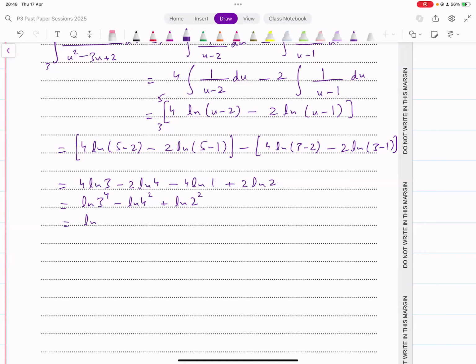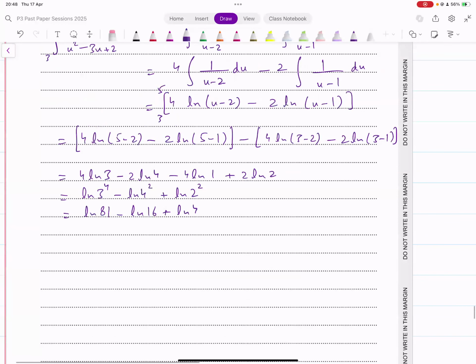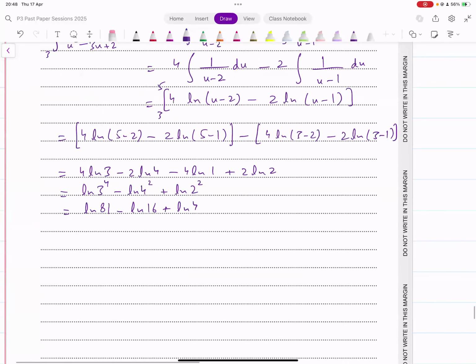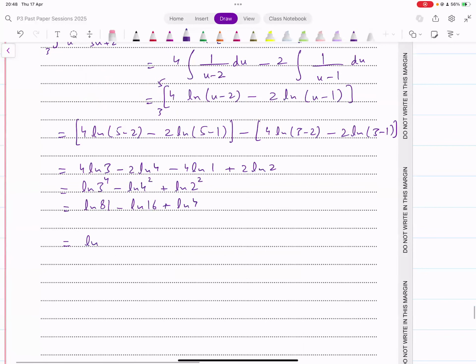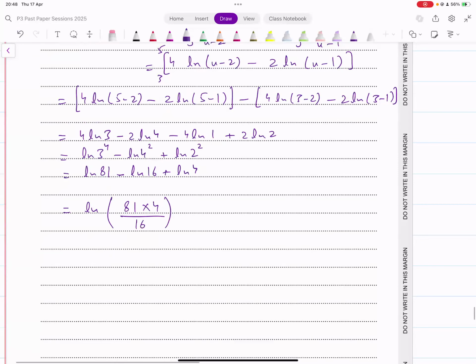We can use division and multiplication laws now to write this as ln of 81, whichever terms are positive, they are going to be in the numerator. 81 is going to be in the numerator. This 4 is going to be in the numerator. They're going to get multiplied. The term that has minus with it, that goes to the denominator using division law, and we get 16 in the denominator, and that simplifies to ln of 81 over 4.